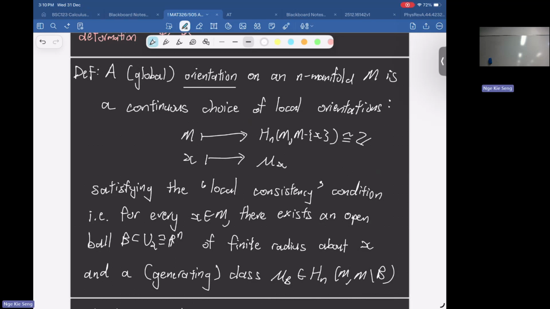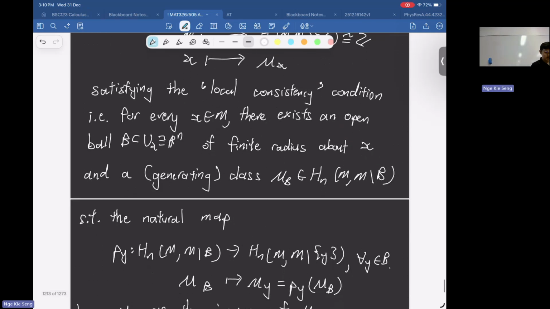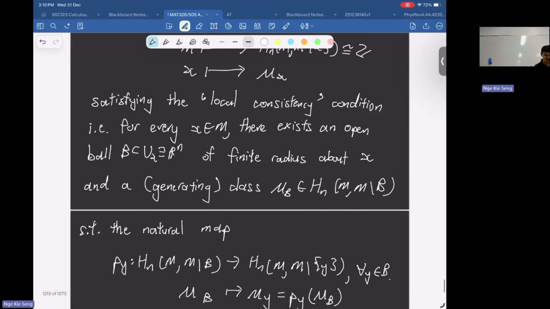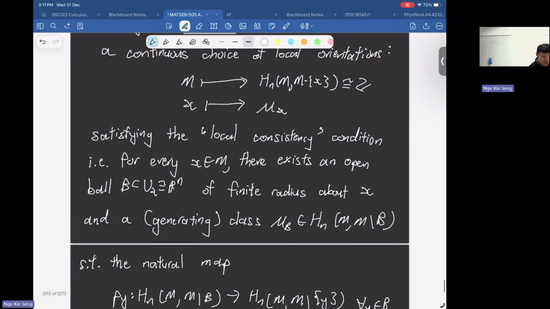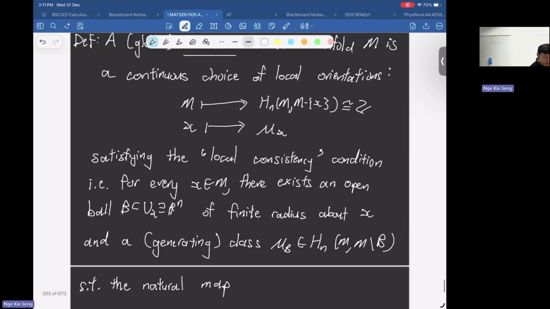So for every x in M, there exists an open ball of finite radius around x, and a generating class of Hn(M, M minus B).